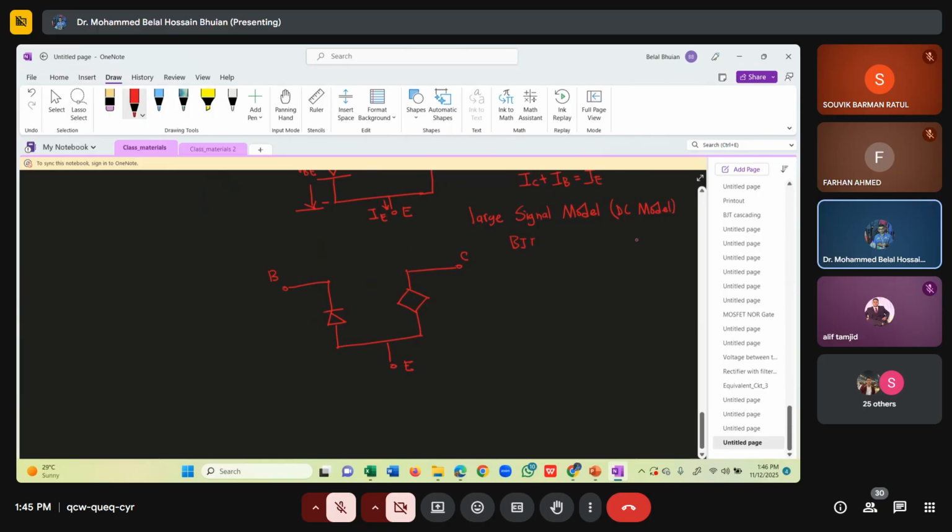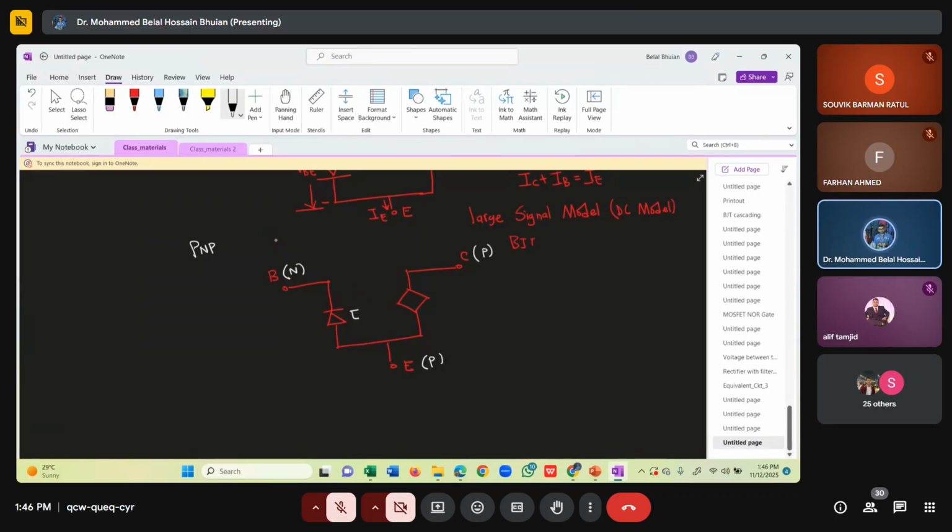Remember, emitter is P, base is N, collector is P. So if I have to make it forward biased, how should I apply voltage?